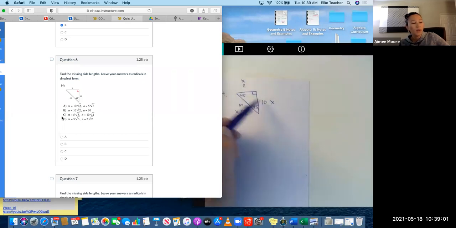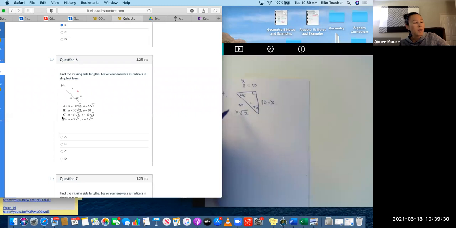According to our ratios for this special right triangle, since it's across from the 45-degree angle, this side is just x. So that means x equals 10. And then according to our ratios, for N, this side is just x, which we said is equal to 10. So N is also equal to 10.